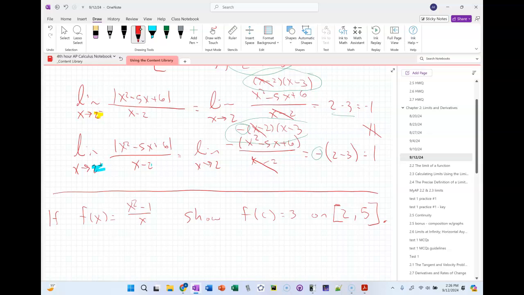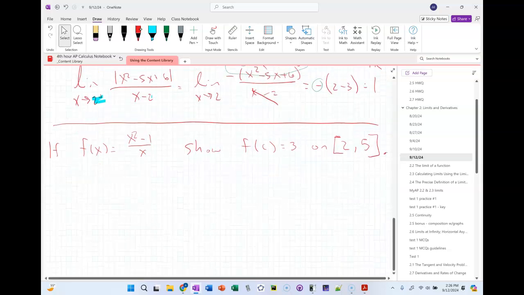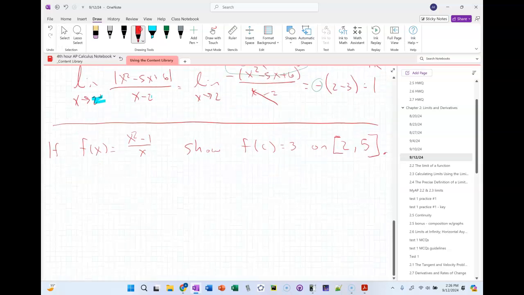First thing I need to do for an IVT case like this, and the show something exists is classic IVT. Okay, that's my clue. Well, I have to show continuity, right? So what kind of function is f of x? Very good. It's a rational function.